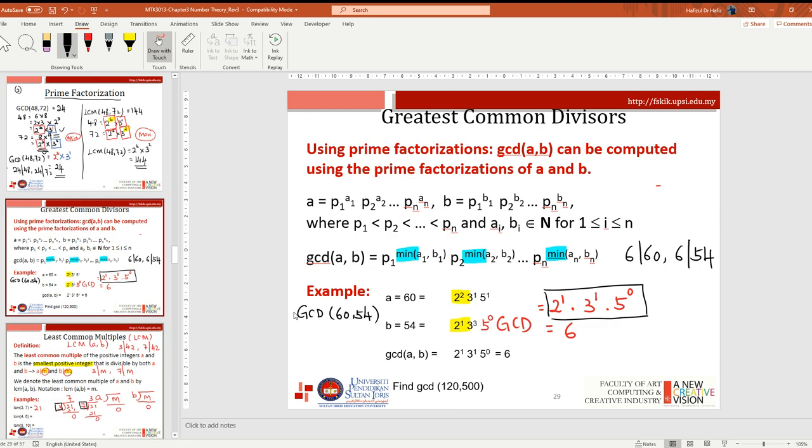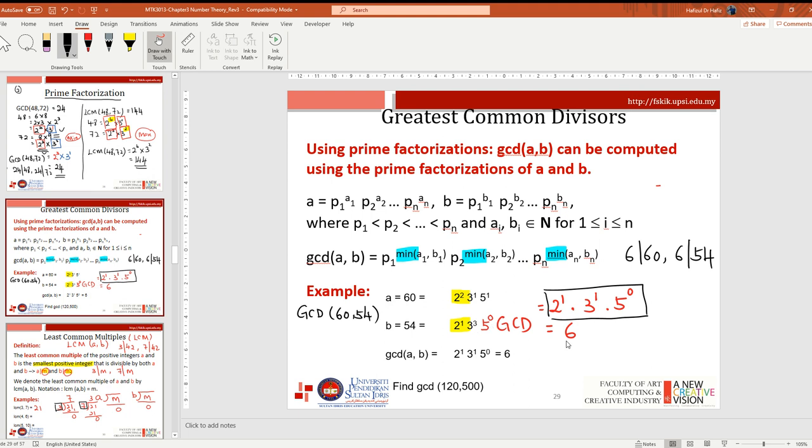And then using the prime factorization, GCD can be computed using the prime factorization of A and B. We have GCD equal to p1 minimum, p2 minimum, up to pn minimum. For example, we have GCD of 60 and 54. We list out 2 to the power of 2, 3 to the power of 1, 5 to the power of 1, and then for 54, 2 to the power of 1, 3 to the power of 3, 5 to the power of 0.